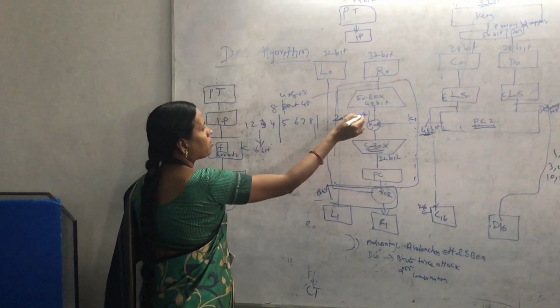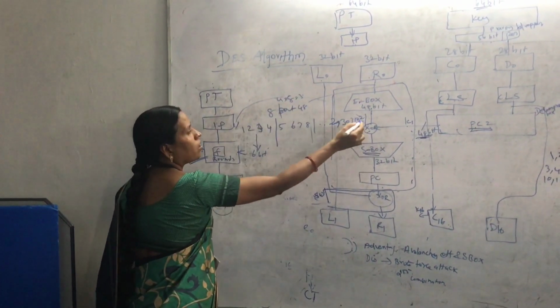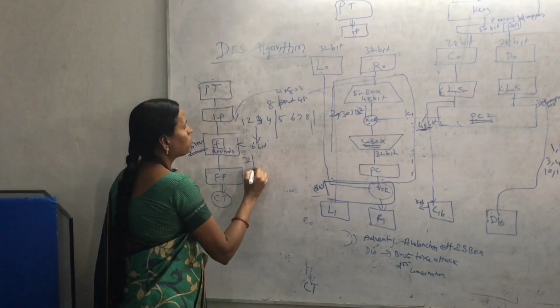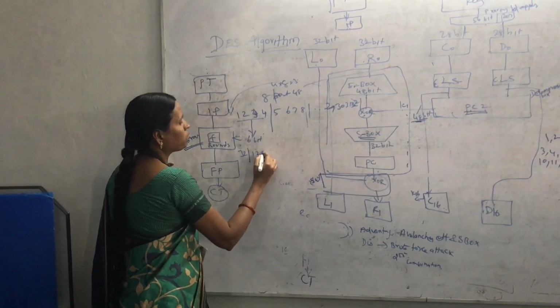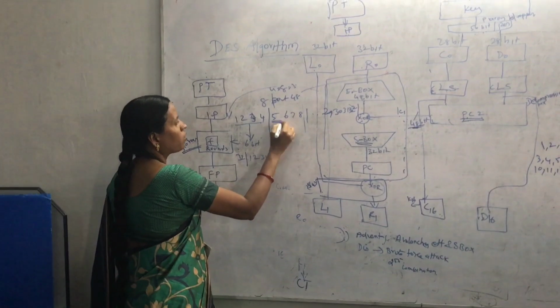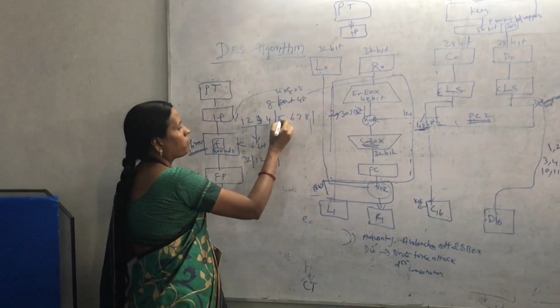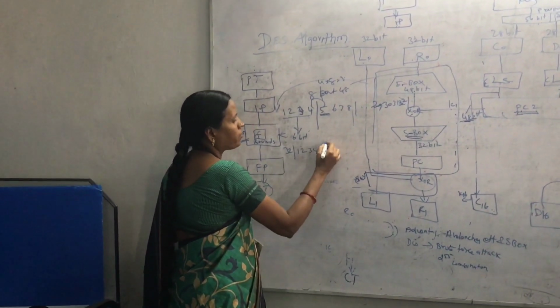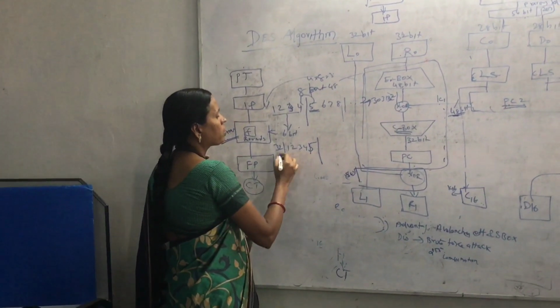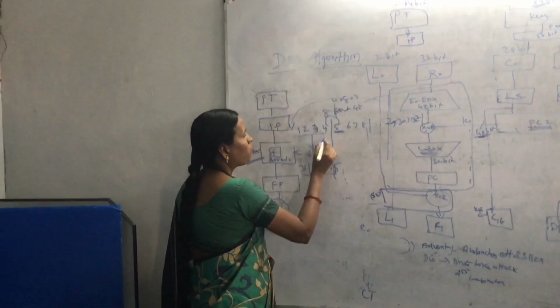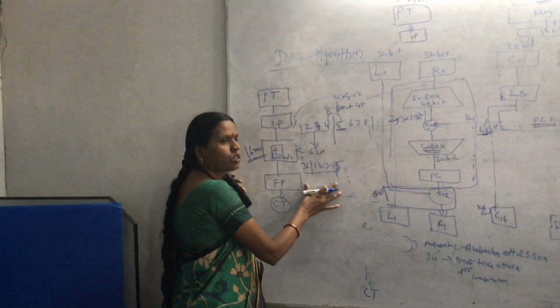The last bit of the last column becomes the first, 32, and then the same as it is 1, 2, 3, 4, and then the first bit of the second part will become the last, 5. So this is how 4 bit can be expanded into 6 bit.